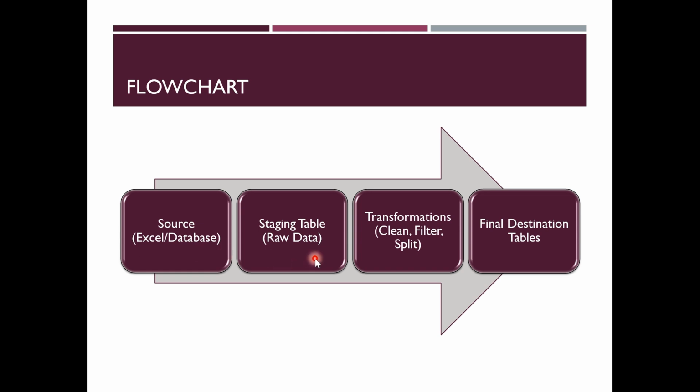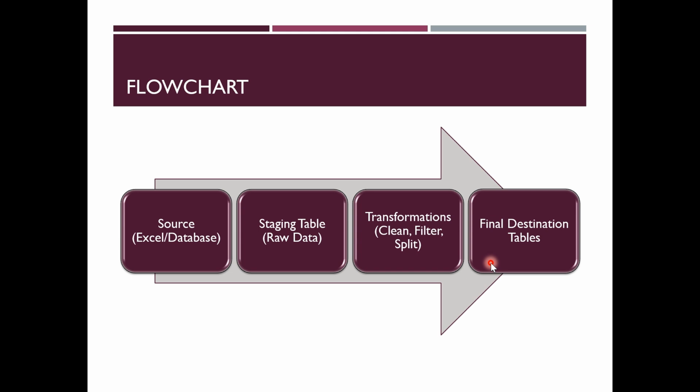Then staging, where we collect our raw data. Then we apply our transformation, and finally we load to the final destination. So this structure is clean, manageable, and ideal for both performance and traceability also.